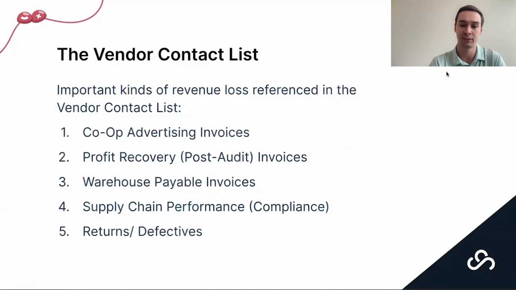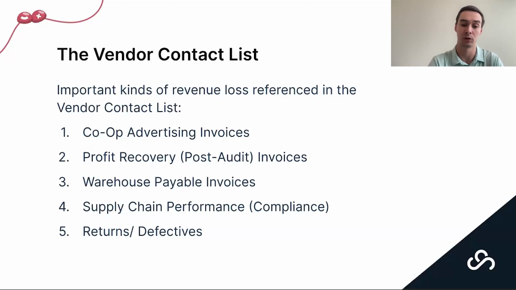What this list breaks down is revenue loss in a variety of different categories. There's no specific order here, just the order that we pulled from the vendor contact form. This list breaks down different invoices associated with co-ops versus profit recovery, which is more like the post-audit stuff you may see at other retailers.